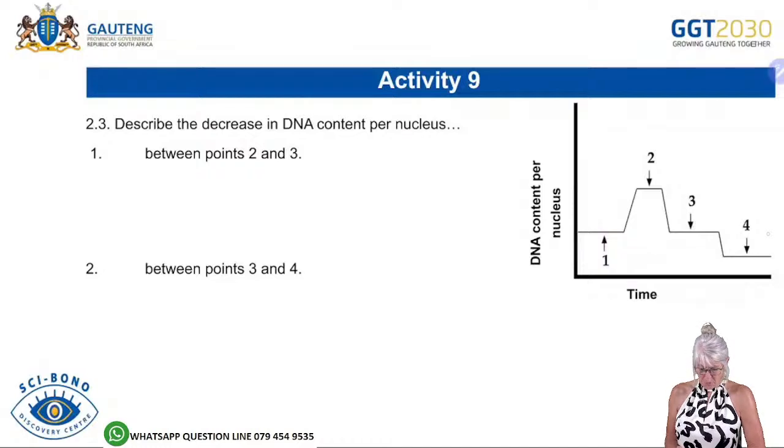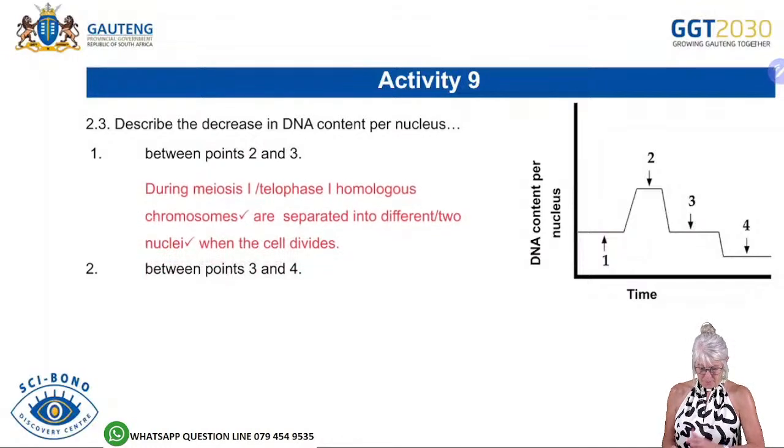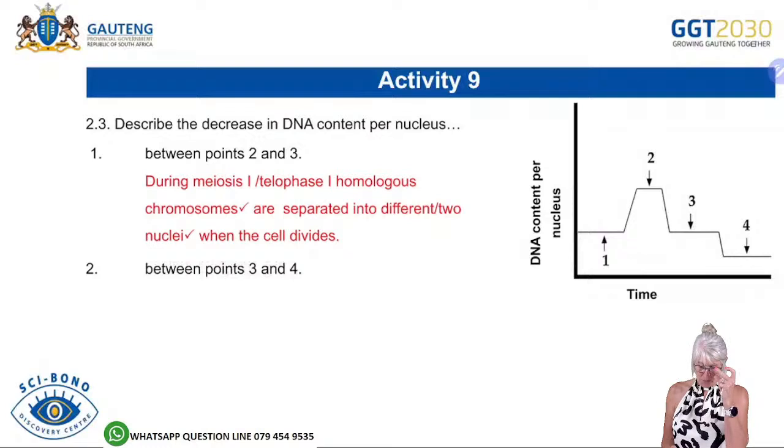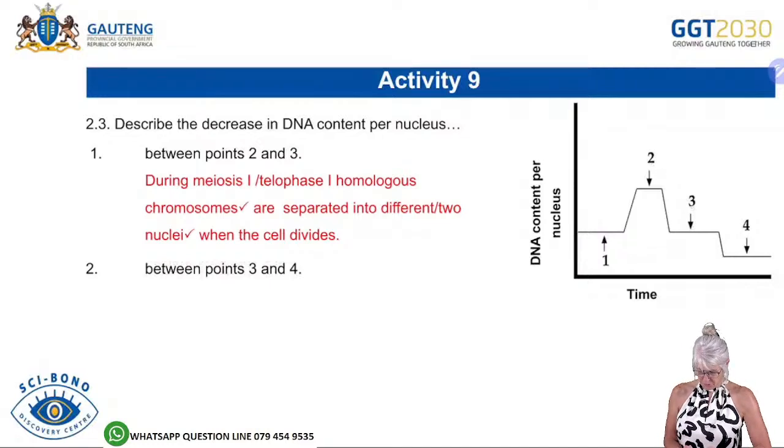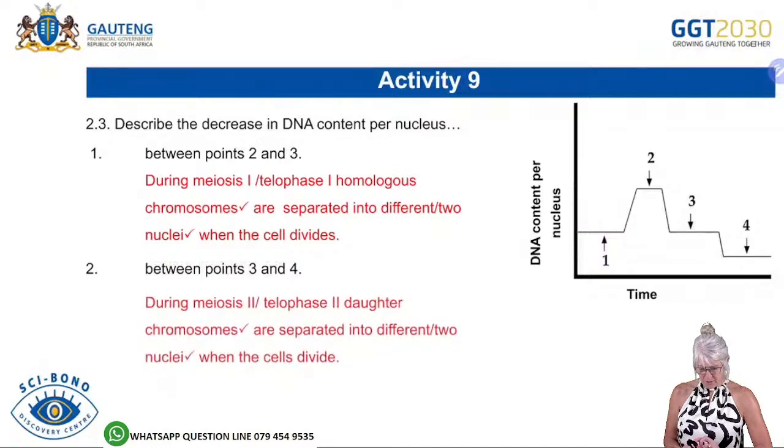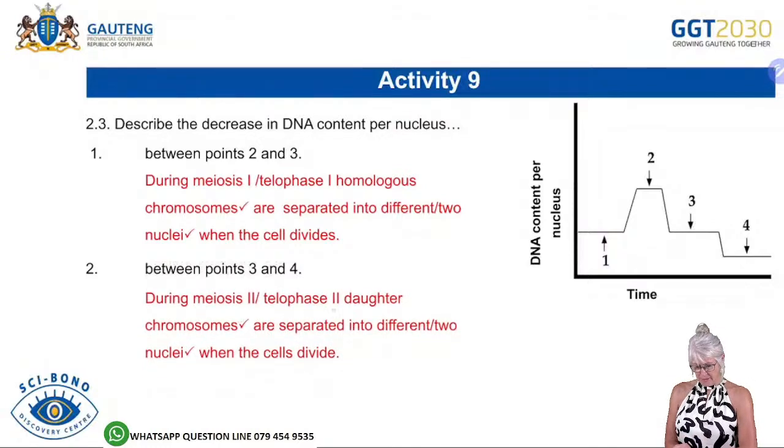Okay, so between points 2 and 3, we have during meiosis 1, telophase 1, homologous chromosomes are separated, so there's no longer homologous chromosomes. So that's how we've reduced the amount of DNA here from point 2 to point 3. And then between point 3 and point 4, the same thing. During meiosis 2, telophase 2, daughter chromosomes are separated.